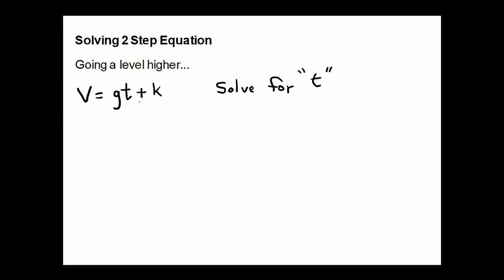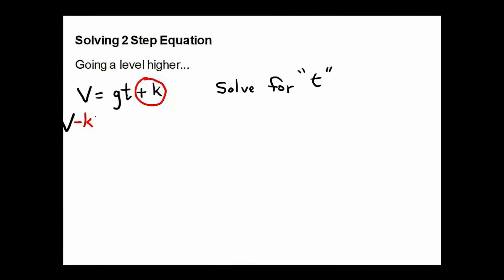The k is added to the t term, so we will take it off first. If it's added, to take it off, we will subtract. So we want to subtract a k from both sides. You should write it after the original piece.